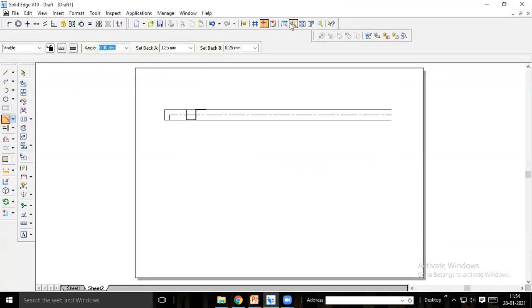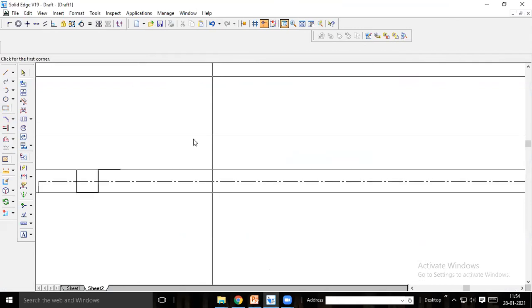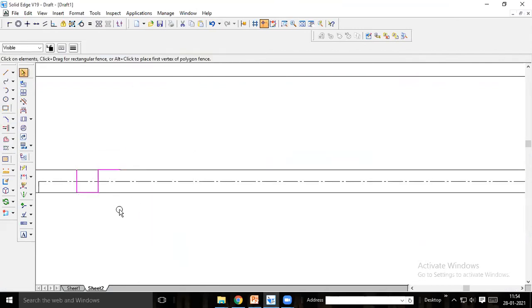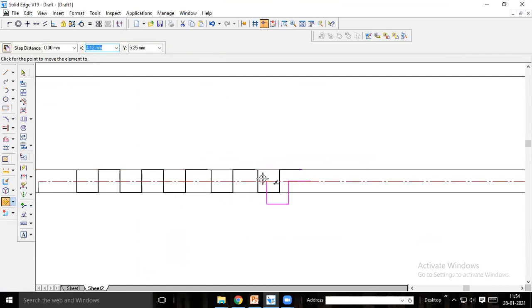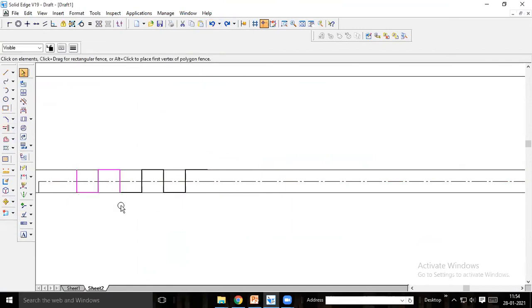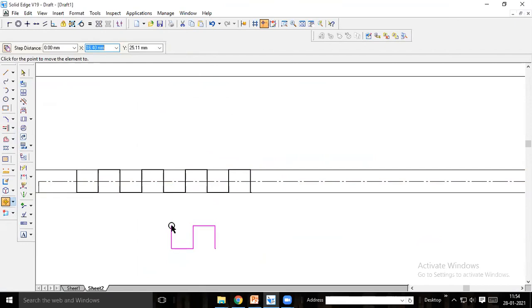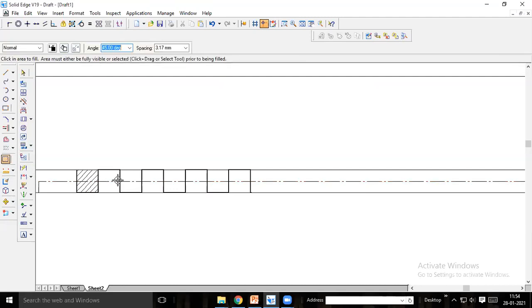So once you draw this, then you can copy this, move, select this, like this you can move. Because it is internal thread, you know internal thread will be having thread space at the bottom.